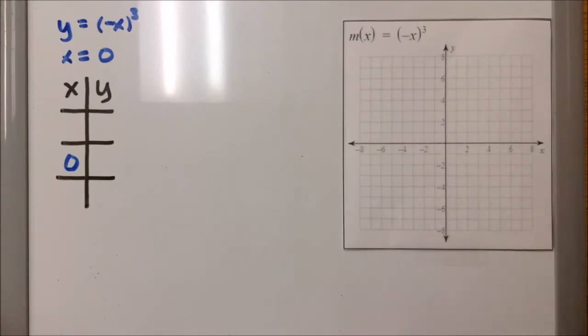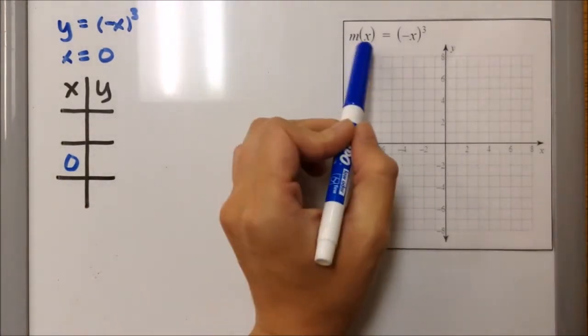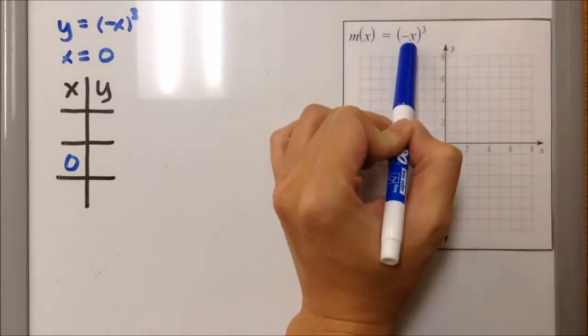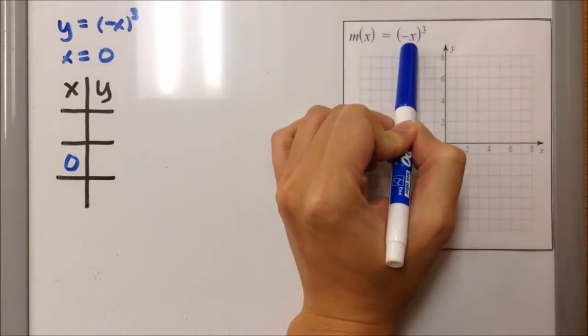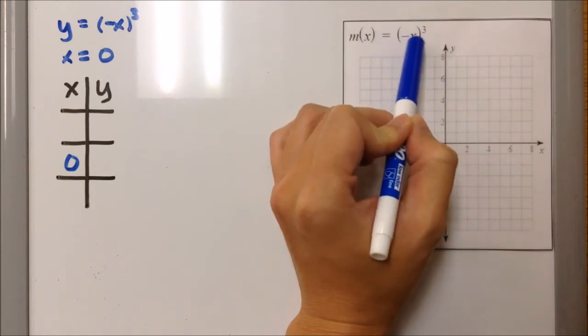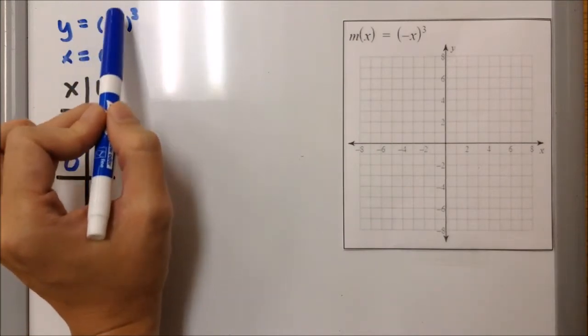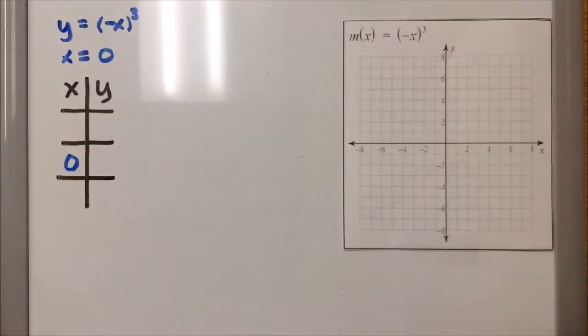For our third example, we have m of x equals the cube of negative x. So we have negative within the function. It's on x. So I wrote right here y equals parenthesis negative x parentheses to the third power.